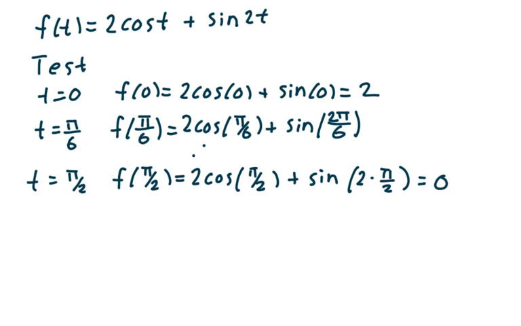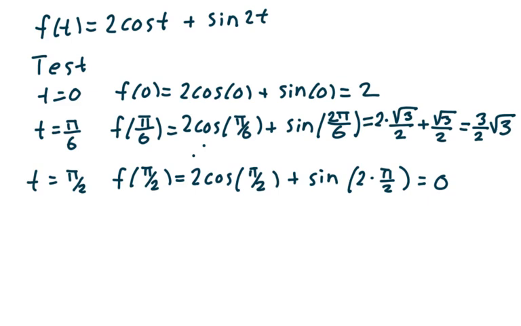That's square root of 3 over 2. Cosine of pi over 6 is square root of 3 over 2. So we get 2 times square root of 3 over 2 plus square root of 3 over 2. So you get 3/2 times the square root of 3.